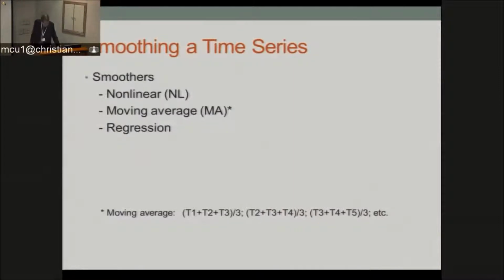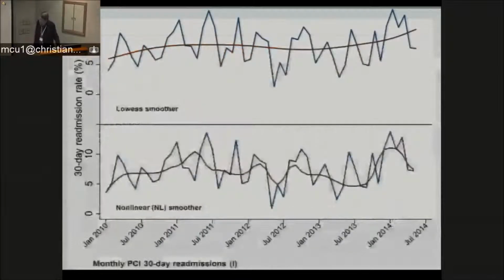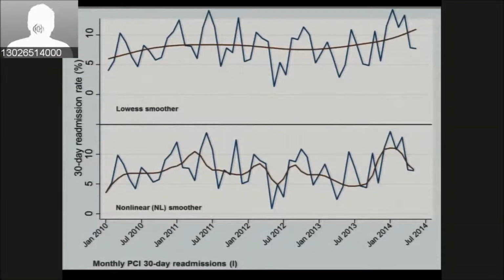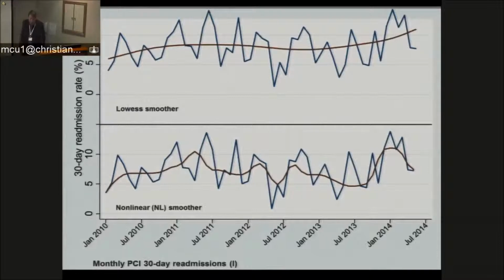That we could use. So here's a couple of examples of my monthly readmission rates. The line that bounces up and down, has highs and lows, that's the observed. The first one, I smoothed it out with what we call a locally weighted least squares regression.